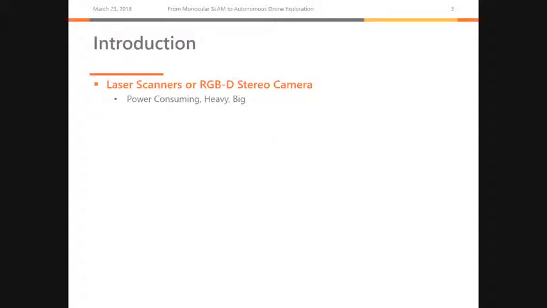So either they cannot really attach to a drone, or they need some kind of special expensive drones. But in this research, they focus on using only a very cheap camera on a commercial drone around $300.